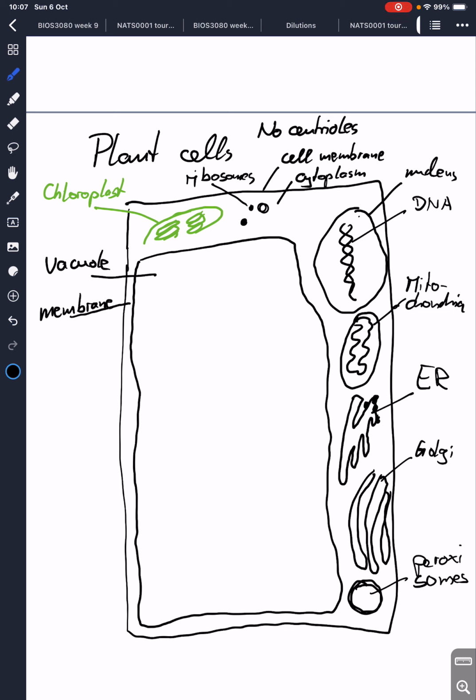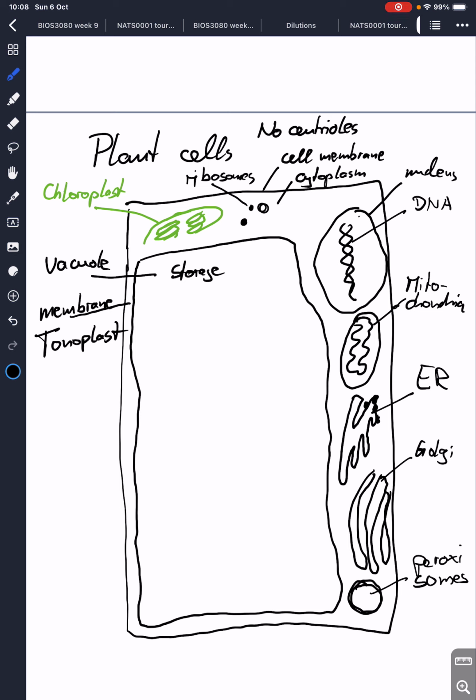In the case of the vacuole, this is referred to as the tonoplast. And the vacuole is basically a storage compartment, and also where some cell processes take place.